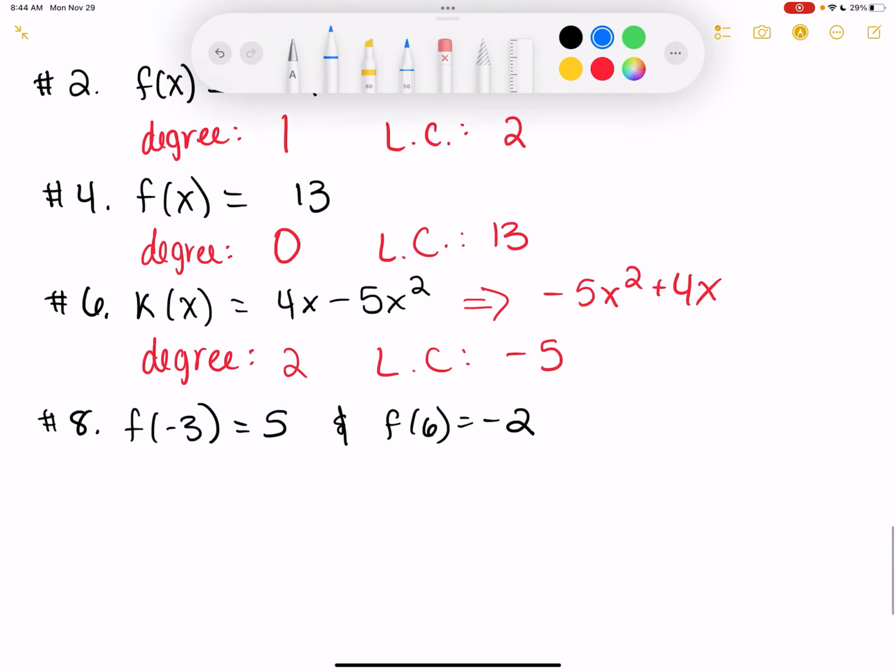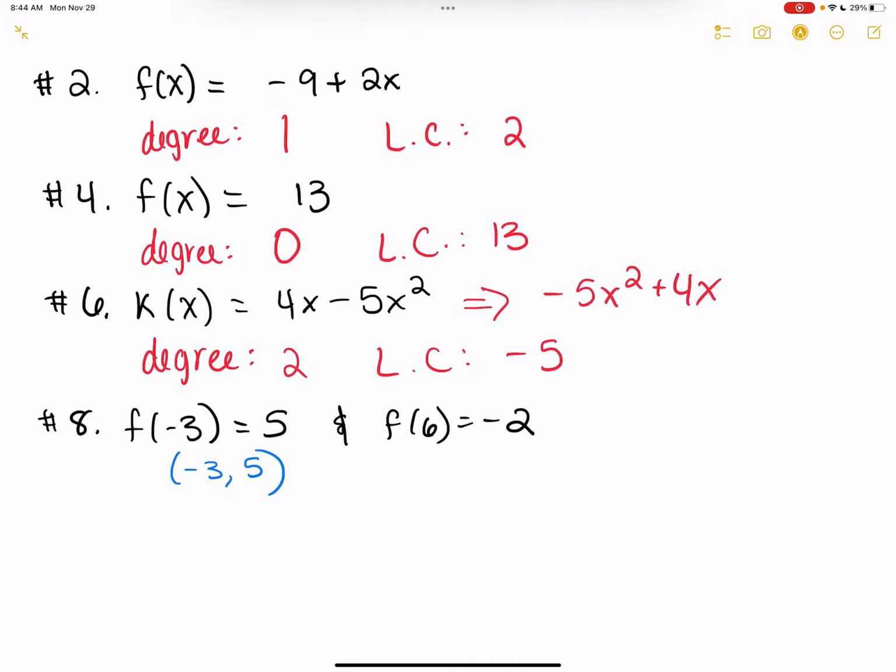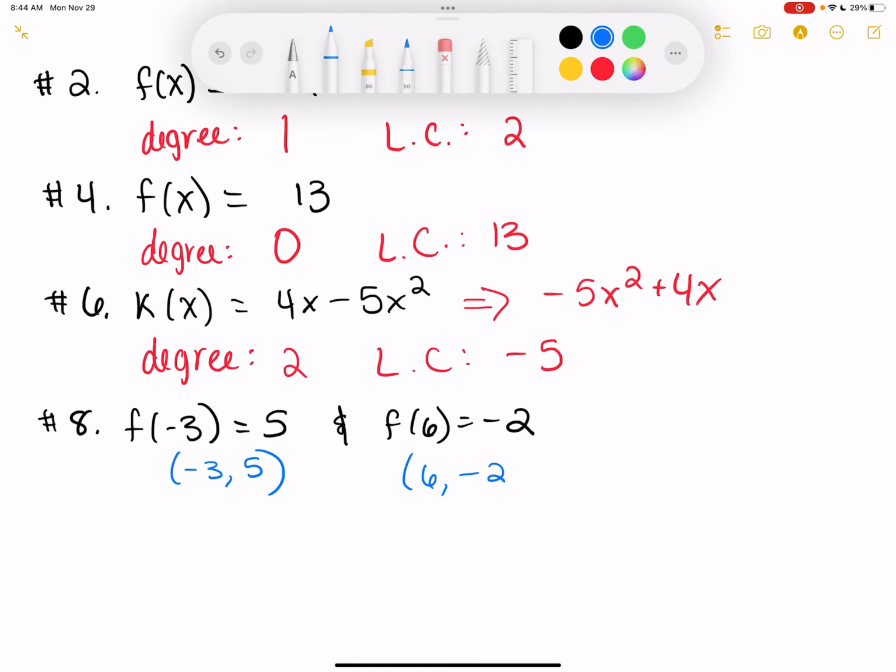This is my x value, and when x is equal to this, y is equal to this. So this gives me an xy point. Then for the second one, 6, negative 2, that's giving me my x and my y.